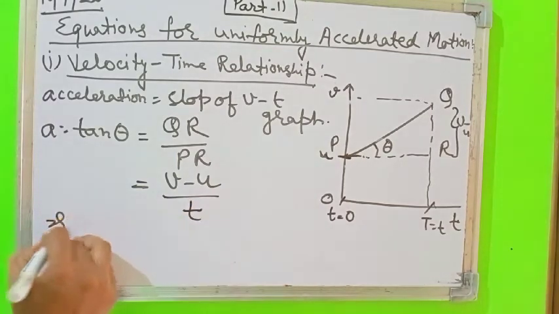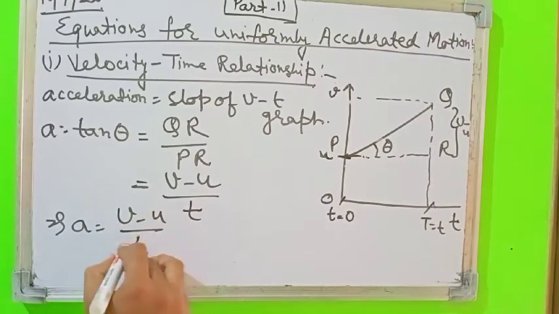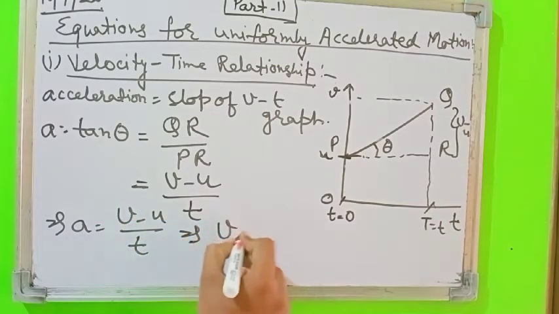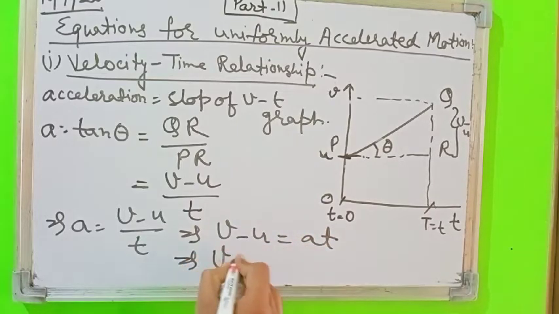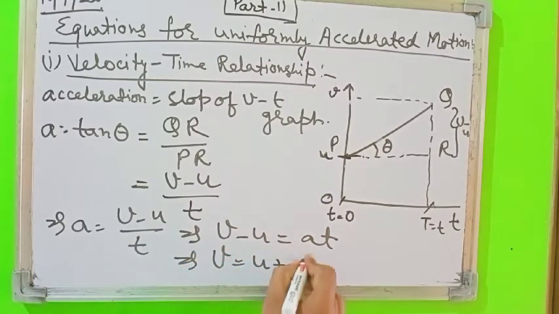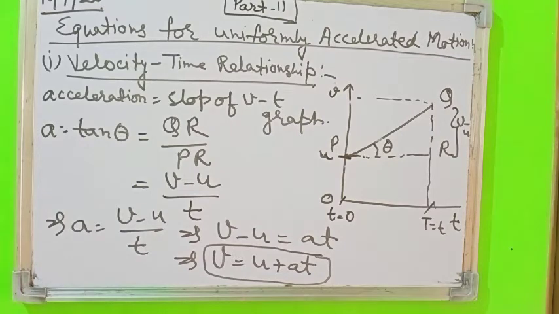So you can write a is equal to v minus u upon t, or v minus u is equal to at, or v is equal to u plus at. This is the velocity time relationship.